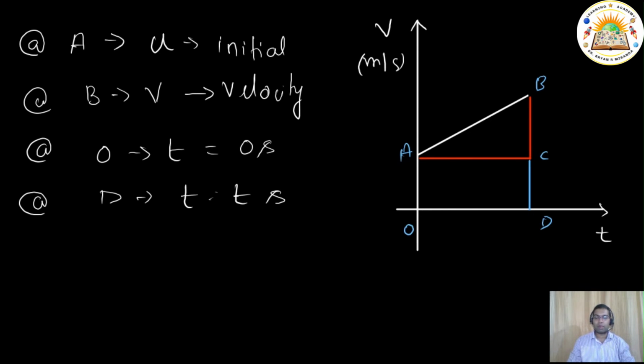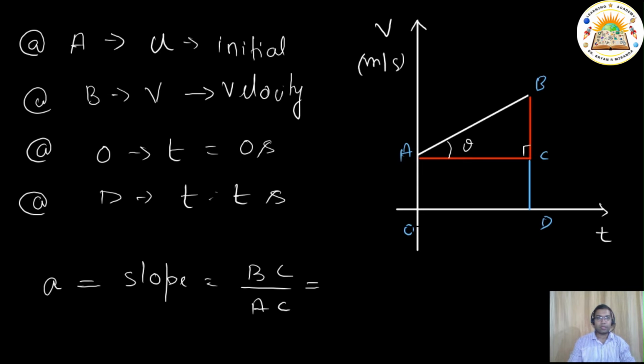Now let us find, for the first equation of motion, the acceleration. Acceleration is nothing but the slope of the velocity-time graph. So the slope, in this case, is BC by AC. You can't simply write it as AB by BC every time; you have to look at how you have labeled the diagram. In this case, AB is the hypotenuse, BC is the opposite side, and AC is the adjacent side. This angle is theta, and this is 90 degrees. So tan theta is nothing but BC by AC.